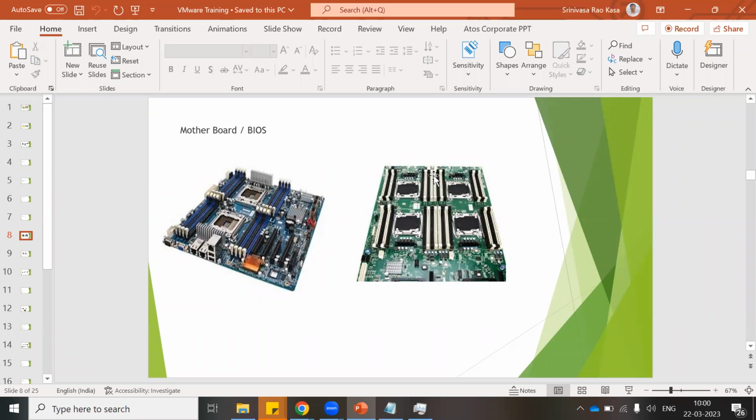And sir, what is the NVMe interface? NVMe is also one kind of drive. I'm going to discuss that in the storage concepts.